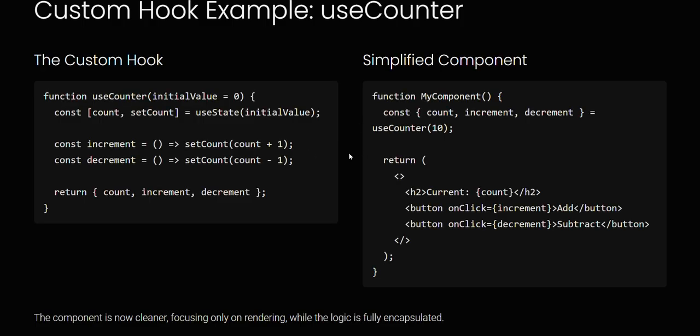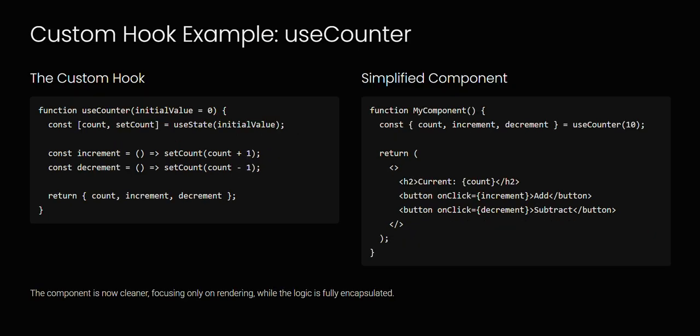So here we have two pieces of code. One is the custom hook and the other one is the simplified component. Let's look at the simple custom hook, useCounter. So this is the left side, right? We define it as a function that accepts an initial value equal to 0.